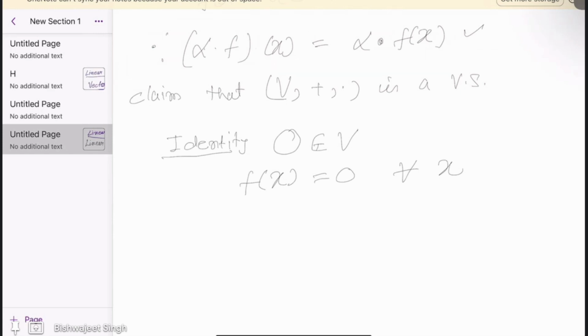V contains functions, so we have to take the 0 function as the identity. So here 0 is not a number or a vector, but the zero function.